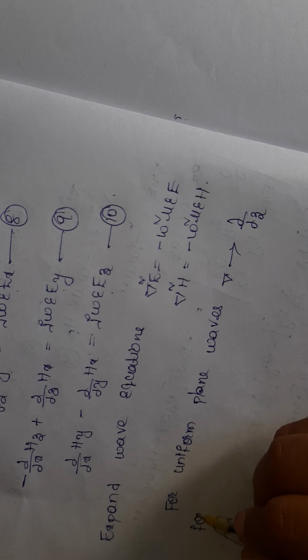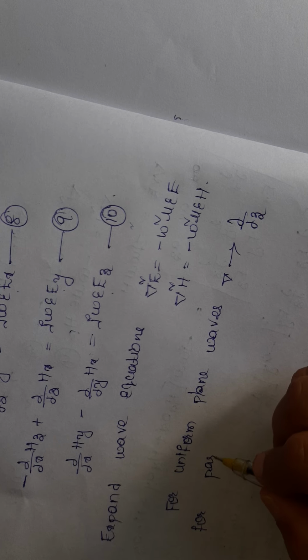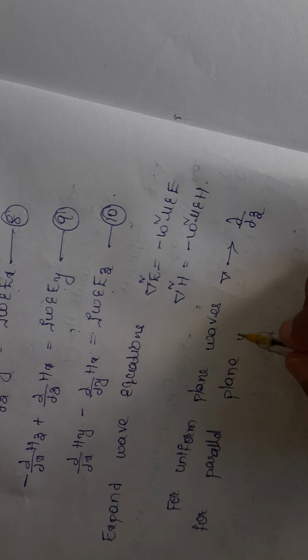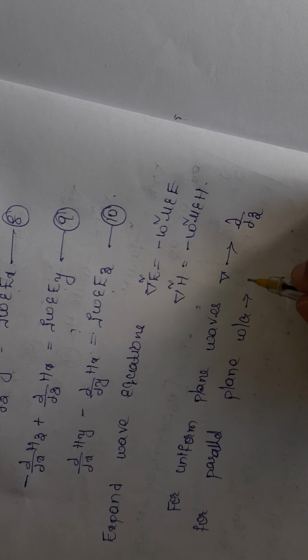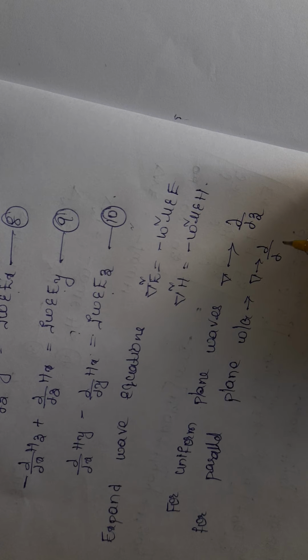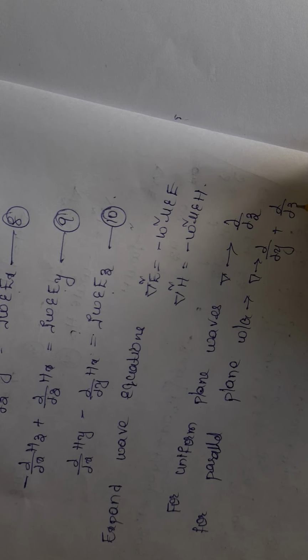Okay, I'll write here for parallel plane waveguide, del can be written as dou by dou y plus dou by dou z.